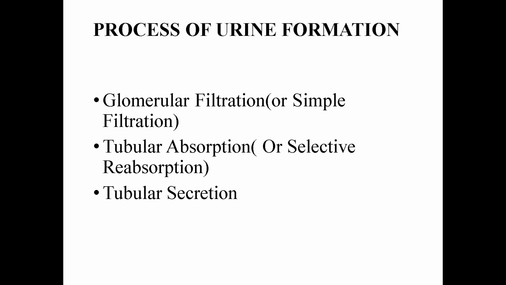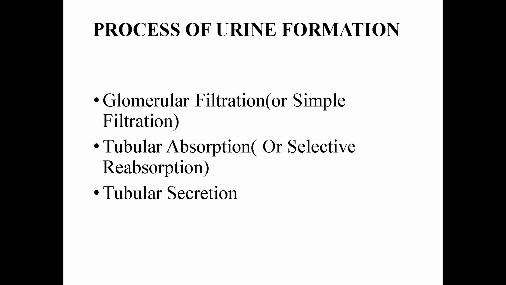Because of this, filtration will take place. So waste products such as urea and creatinine and excess materials such as fluids and electrolytes, like potassium and calcium, are removed from blood and into the glomerular capsule.